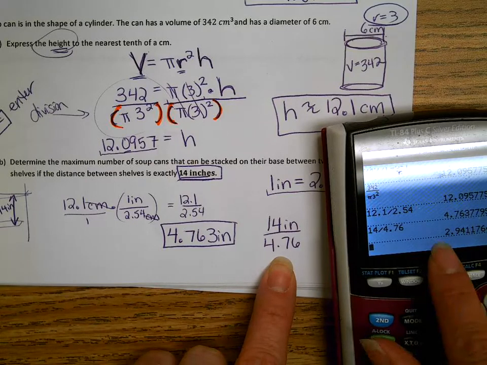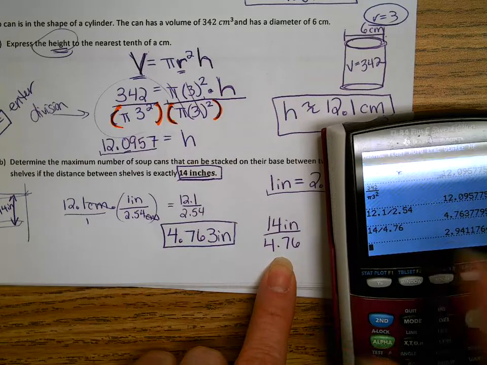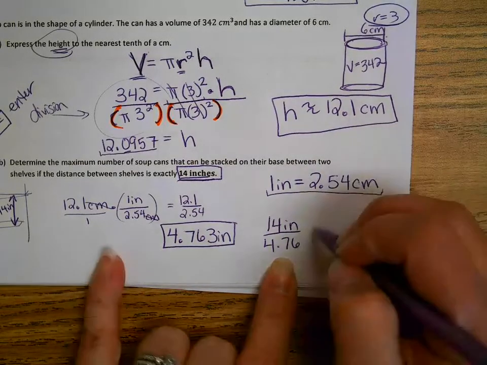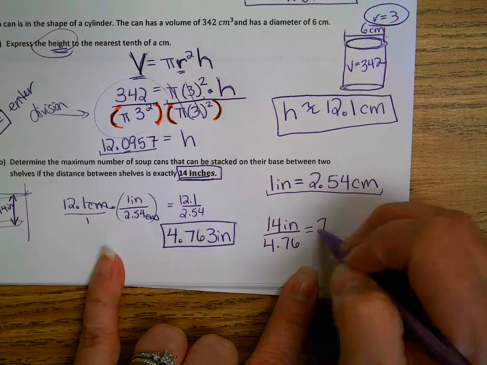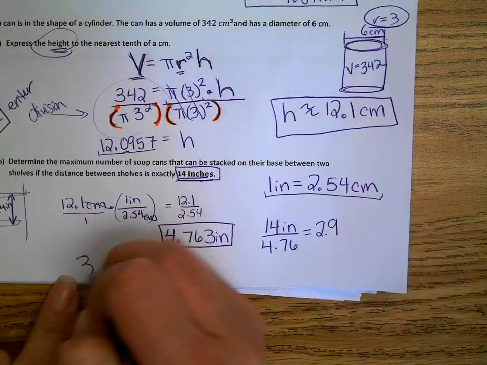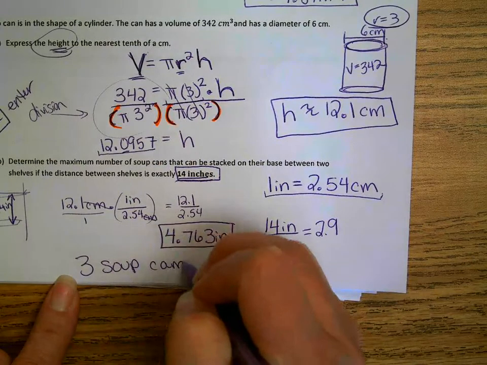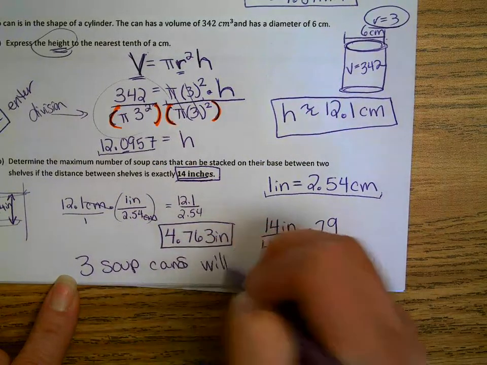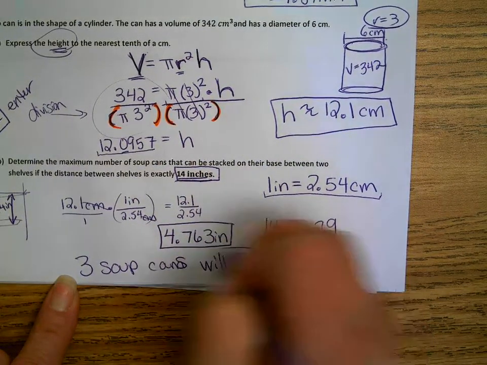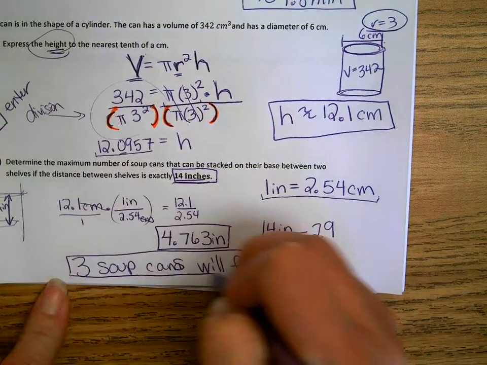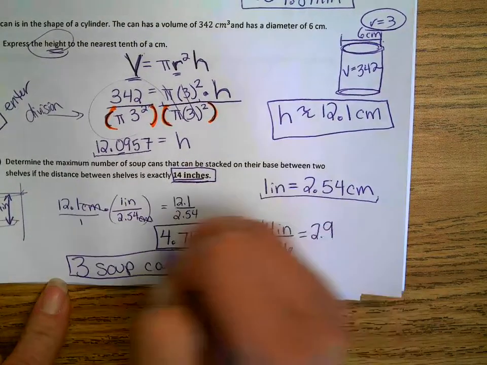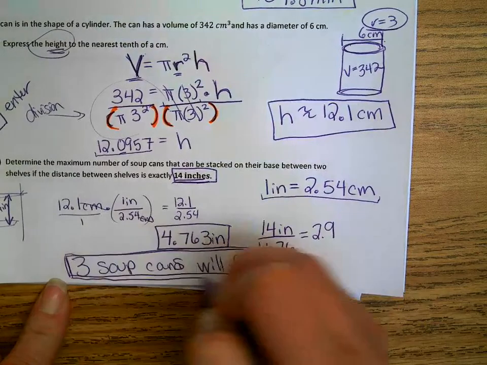Since my decimal here is smaller than 3, that means the distance would be shorter than 14. So we can stack 2.9, so 3 soup cans will fit, as a final answer here. Now, we're going to get more into these unit conversions in the next few classes.